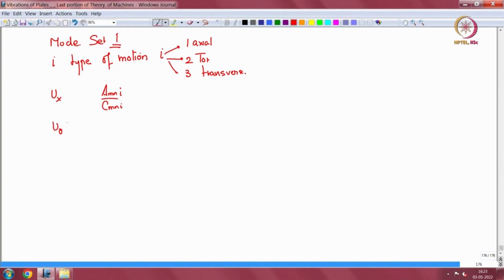The u theta will have a coefficient b_mnI by c_mnI.